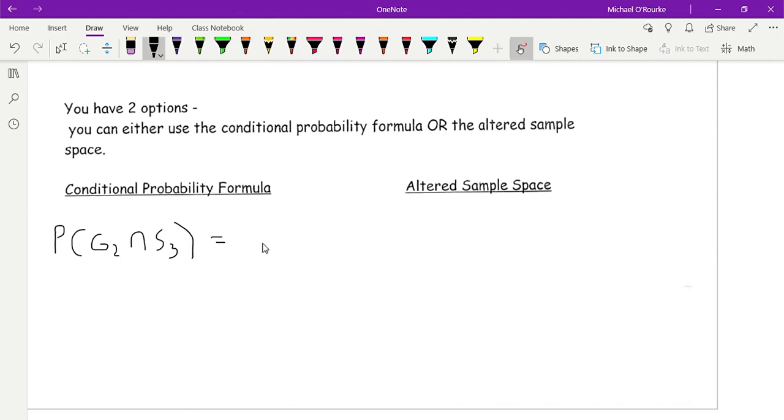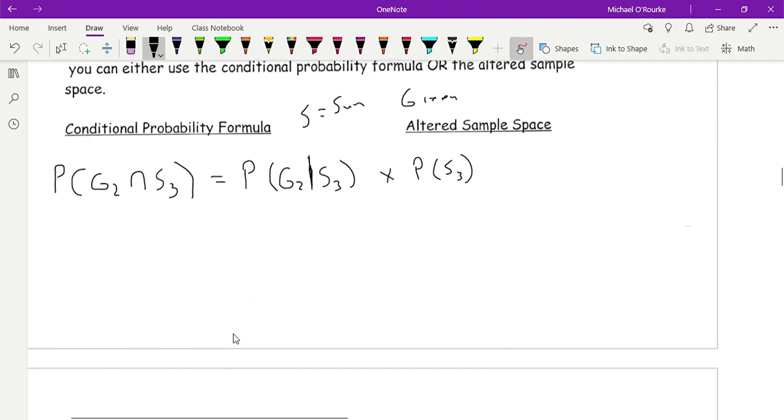I'm going to write it down and then I'll explain it. No, that's a line. That's the given. So S equals sum, and G equals green.